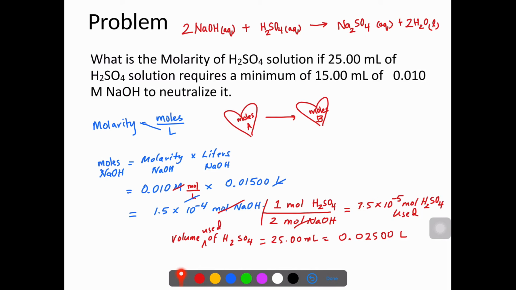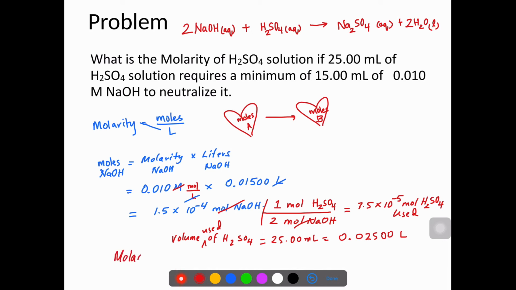Okay, so you can see that we have converted sodium hydroxide to sulfuric acid and figured out how many moles it takes. So these moles should have been in the volume used. Okay, these moles should have been in that 25 milliliters. So since we know the moles and the volume, we can calculate the molarity.